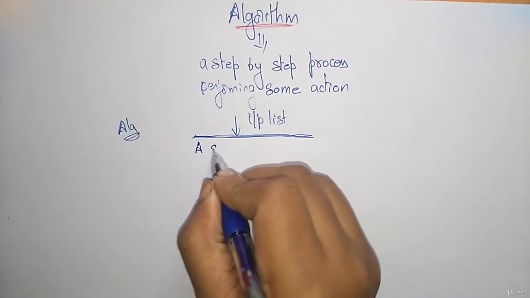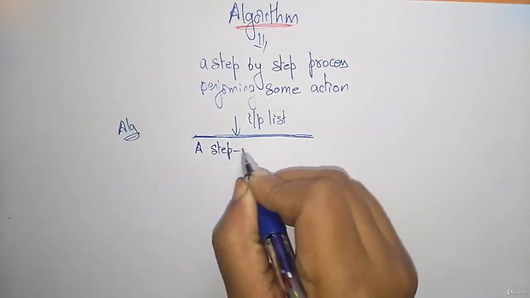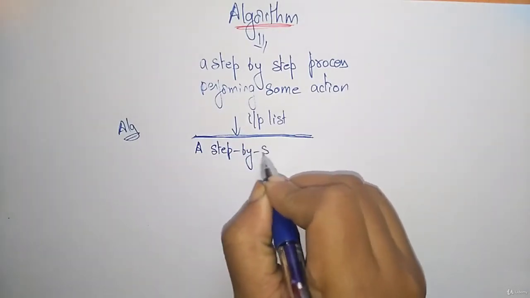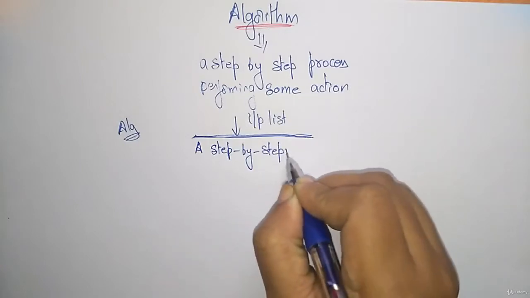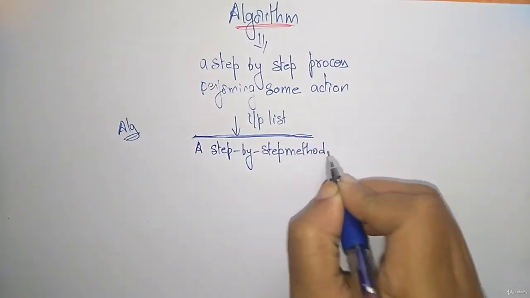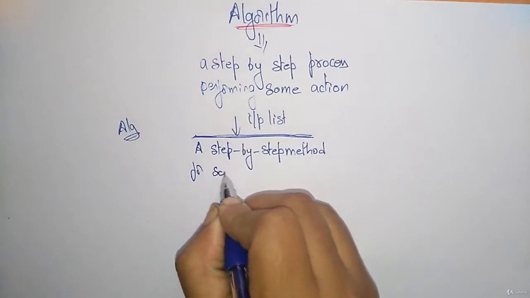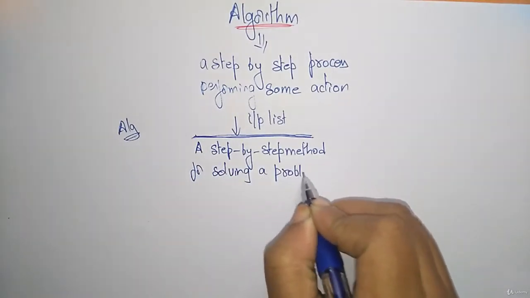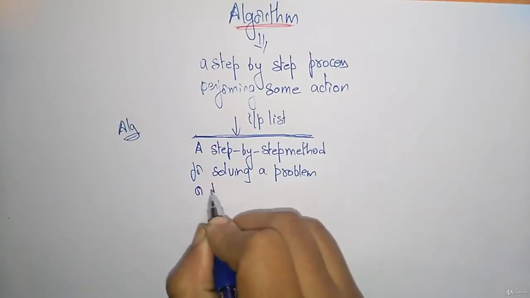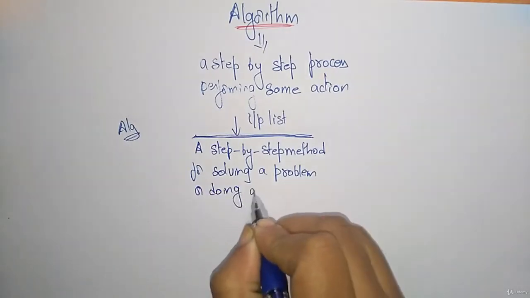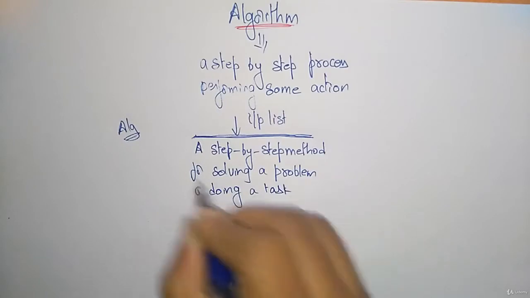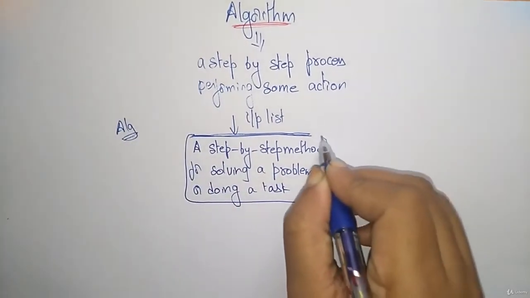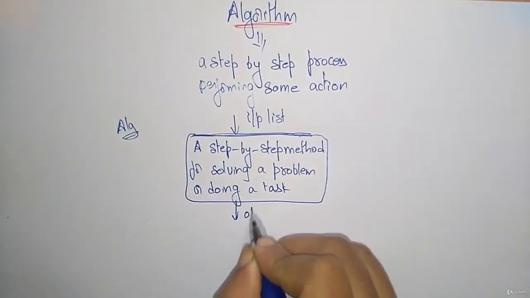So now the algorithm is nothing but a step-by-step method for solving a problem or doing a task, and it gives the output as a list.